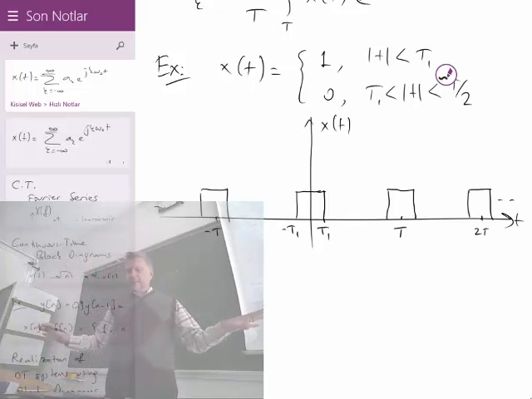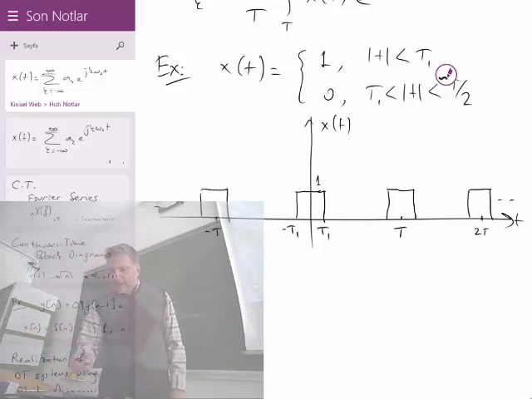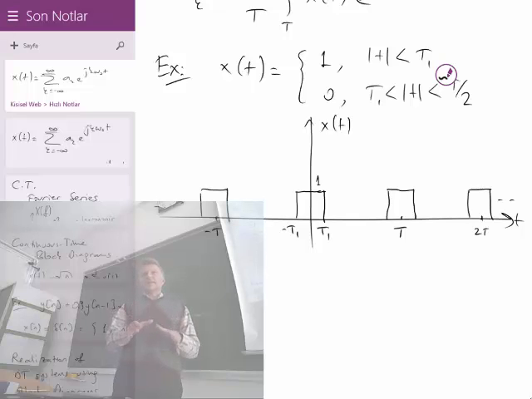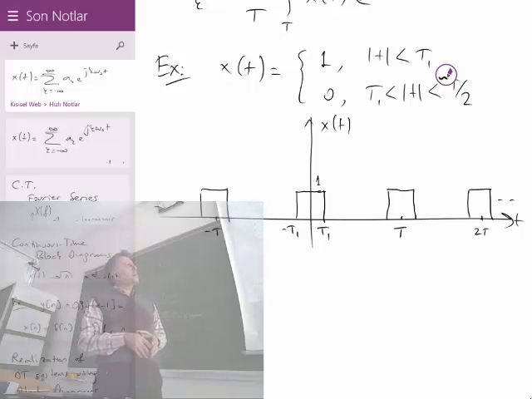So to the right and to the left, it's extending, and the peak is 1. So this is our periodic waveform.